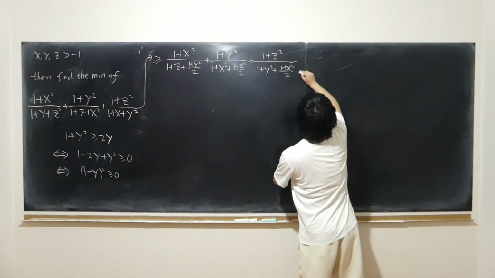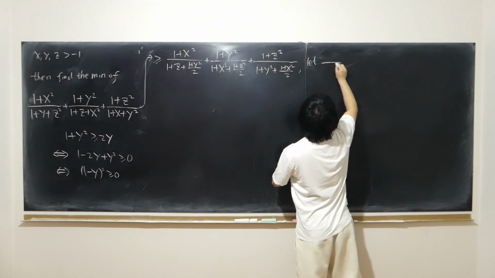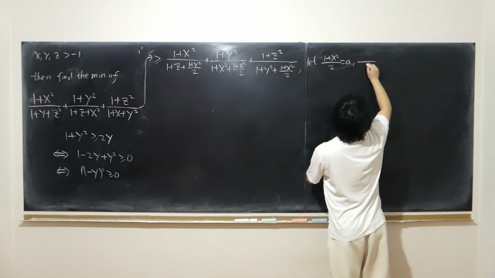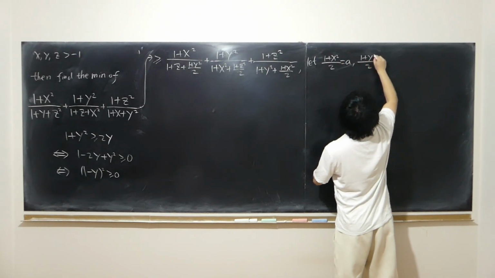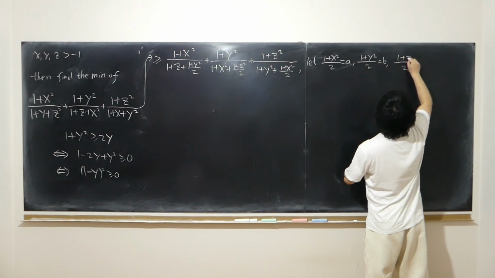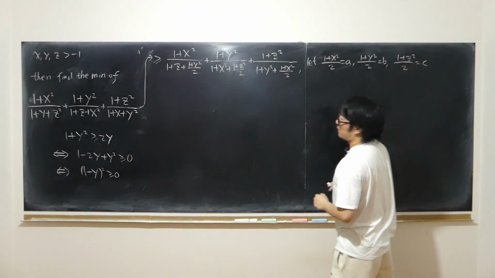Now I just let half of 1 plus x squared equal a, half of 1 plus y squared equal b, and half of 1 plus z squared equal c.